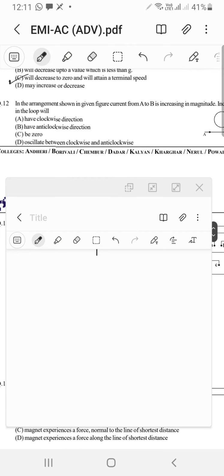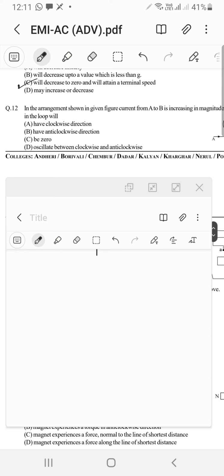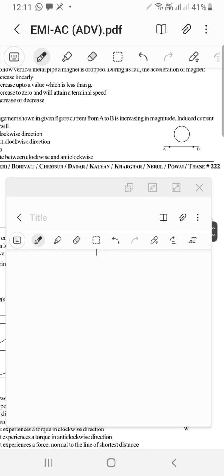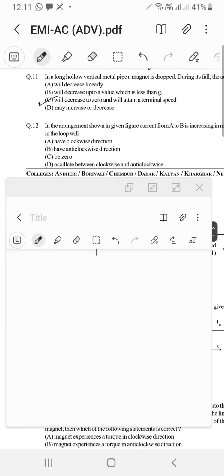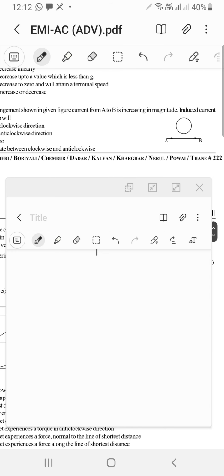The arrangement shown in the figure, current from A to B is increasing in magnitude. Induced current in the loop, fine. So it's normal to this loop all the time, and it's increasing, so the field at every point is also increasing proportional to the current. That means the flux is increasing proportional to the current, right?